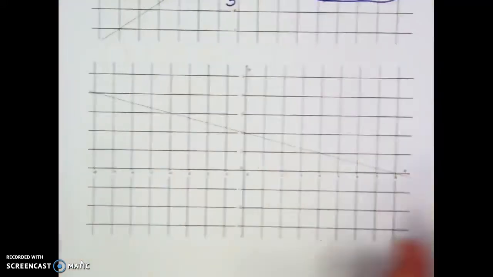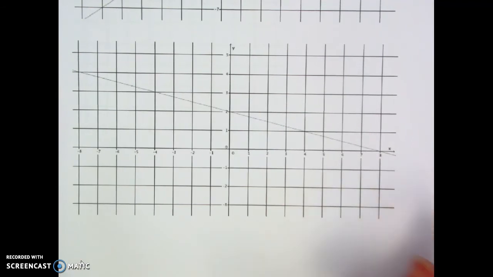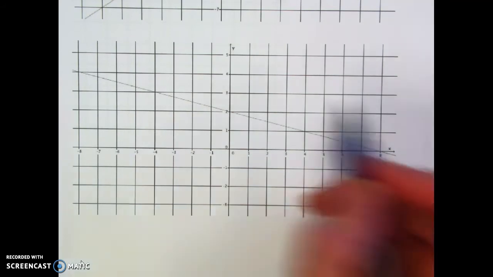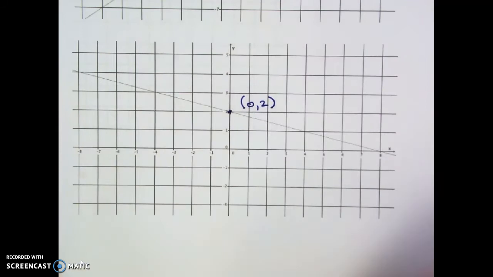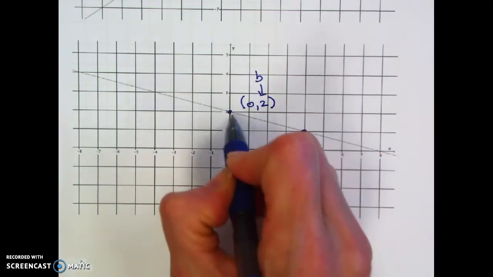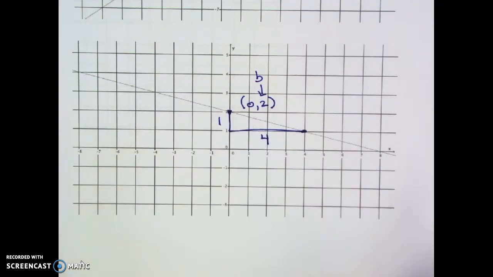Okay, let's try another one of those. Here's another picture. What do we say we want to do first? Figure out the slope or the y-intercept. So here's the y-intercept, 0, 2. So this is our b value. Our slope, let's see, let's go to here. Looks like we're going up or down 1 and sideways 4.